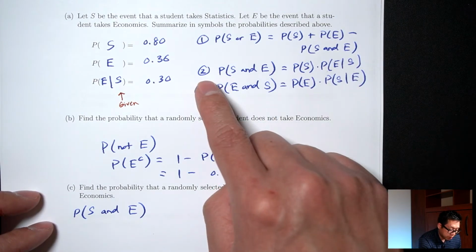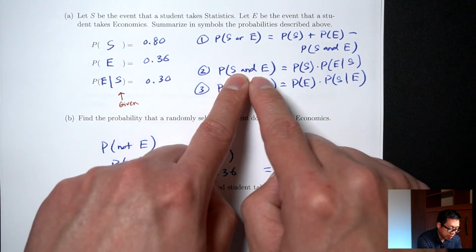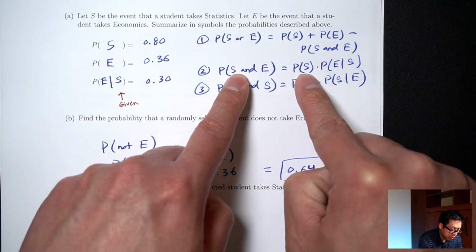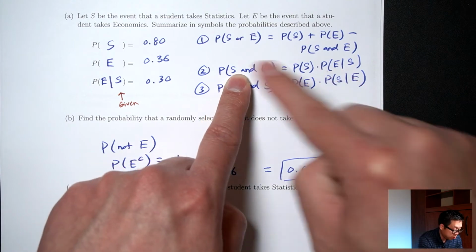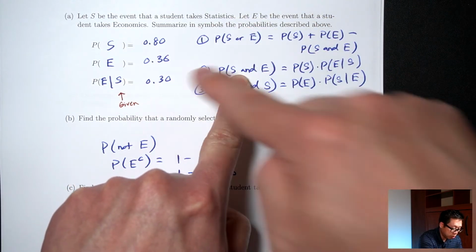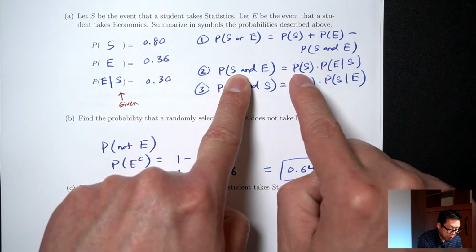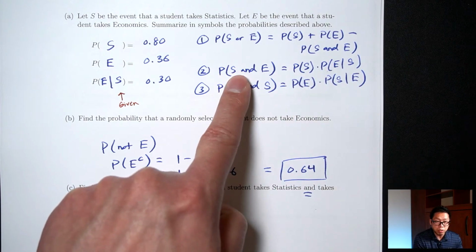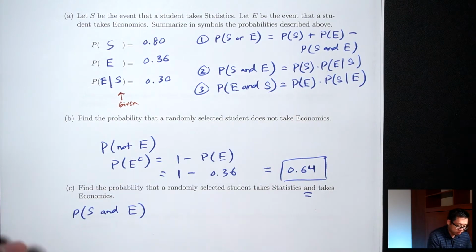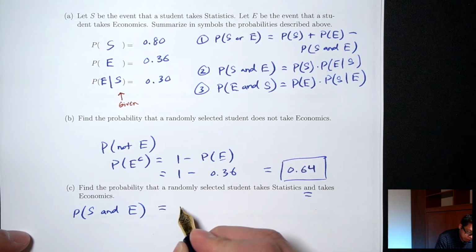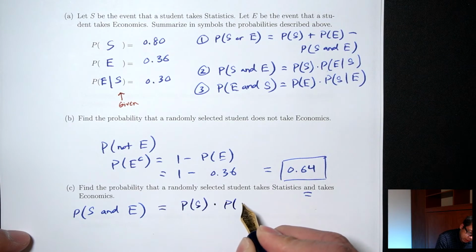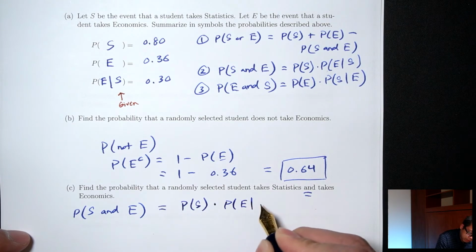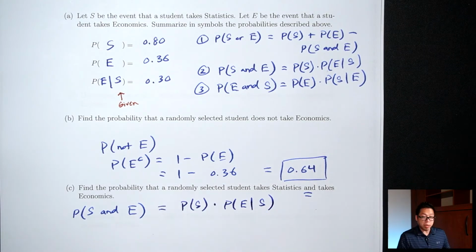What about equation 2? S and E is right here, so I need to know the other two. P of S, I do know. E given S, I actually do know, 0.30. So I do know everything I need for using equation 2. So let's use equation 2. If I recopy that, that's P of S times P of E given S. All right, go through and plug in the numbers.